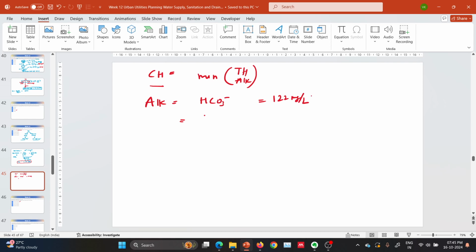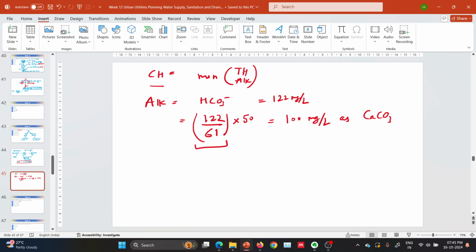We will convert the same thing in terms of CaCO3. So it will come out as 100 milligram per liter as CaCO3.